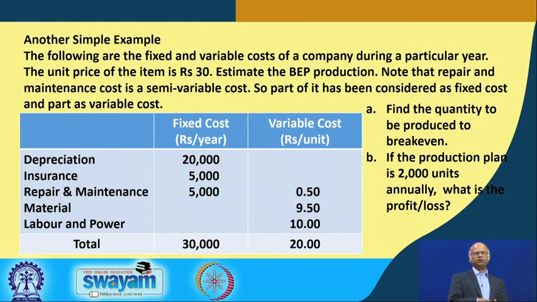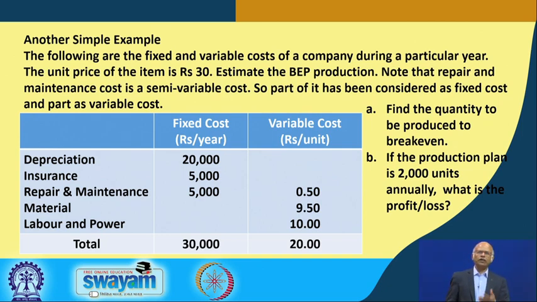That is 5,000 rupees. Whereas, if you produce more, there is wear and tear and you have to do a lot of troubleshooting. That contributes something like 50 paisa per unit of product on an average. So, this is an example to estimate break-even point with mixed cost, fixed and variable.